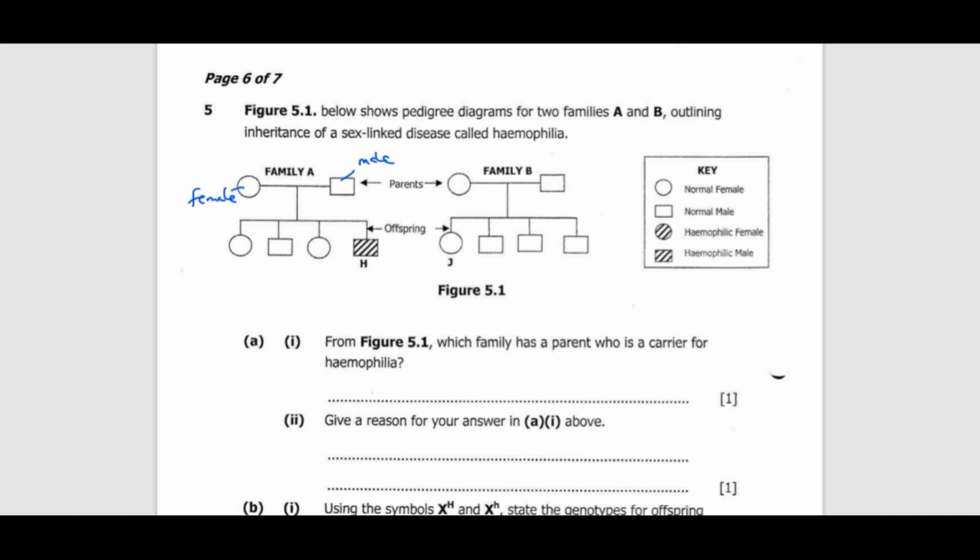Now, obviously, one of the parents was a carrier for hemophilia, and definitely it can be the mother. So family A, because we've seen the manifestation of hemophilia here.